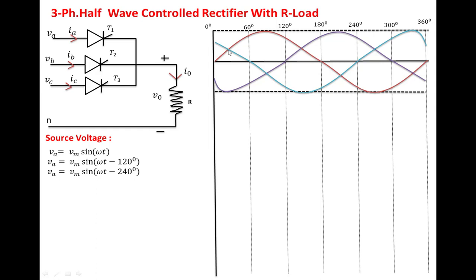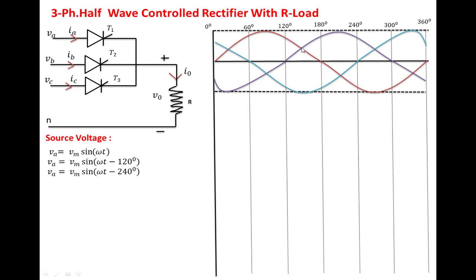From 30 degrees to 150 degrees, phase A maintains a more positive voltage compared to the remaining two phases. So in this duration, SCR1 is forward biased. Whatever firing pulse we apply to SCR1 is measured from this point, which is nothing but the knee point.